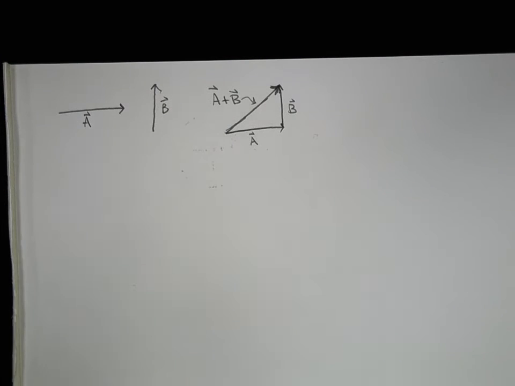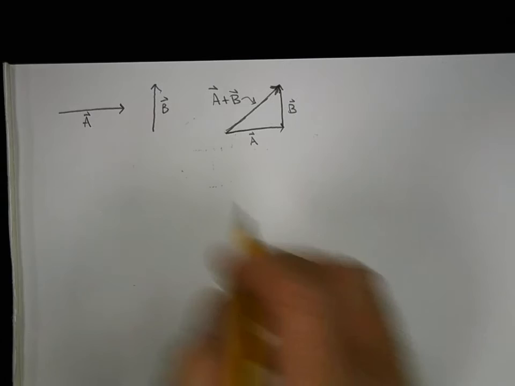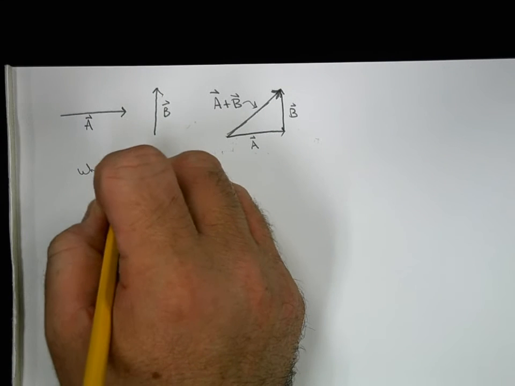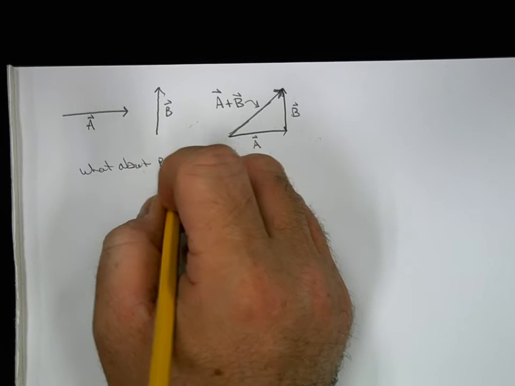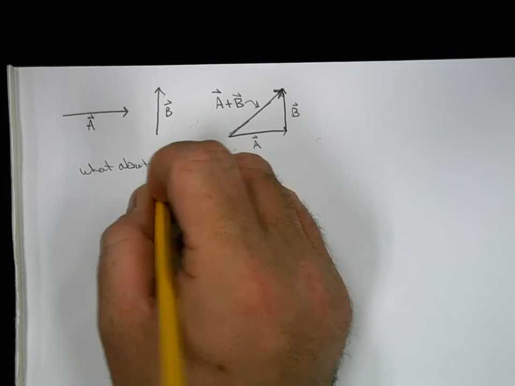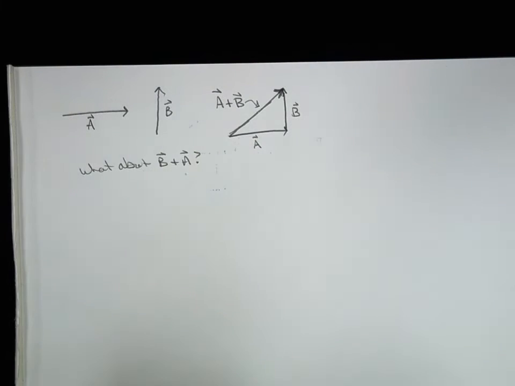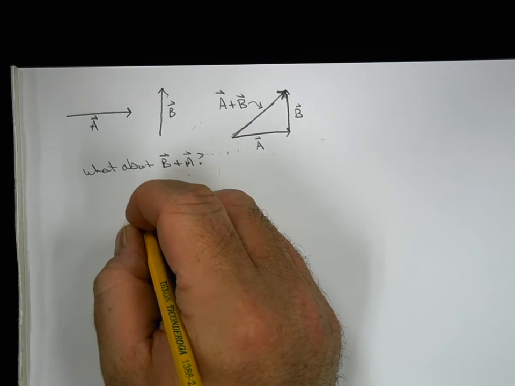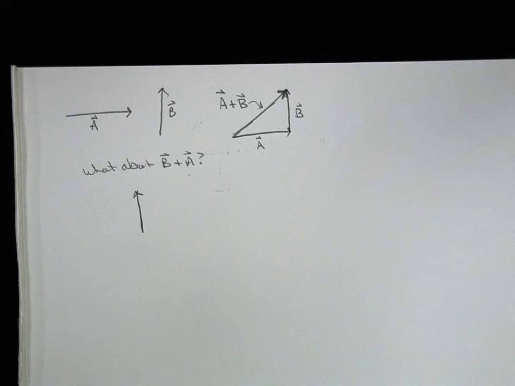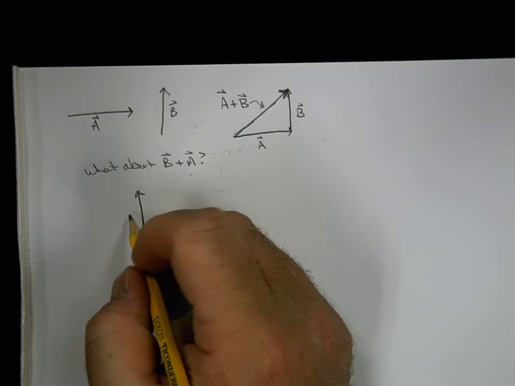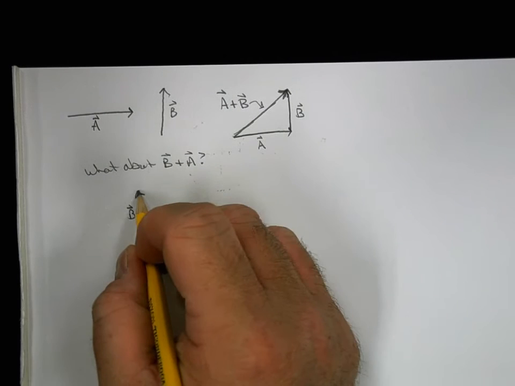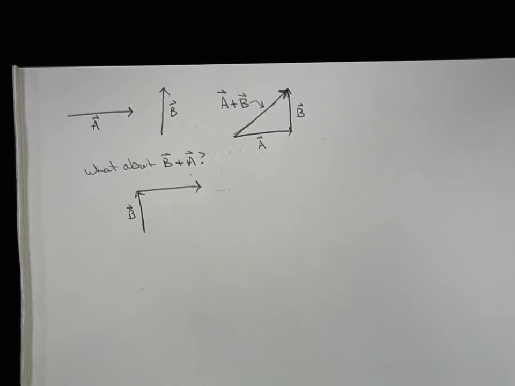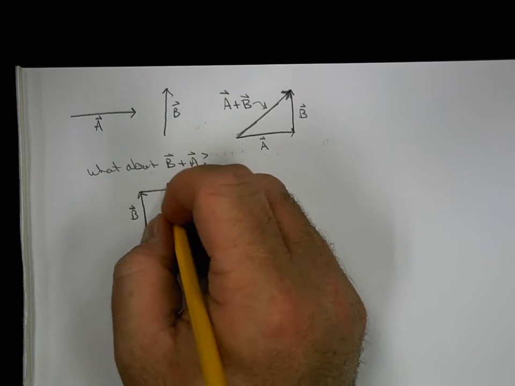But what about B plus A? Well, let's take the same vectors, and we go B, pick it up and plop it down, pretty much the same vector, maybe tilt it a little bit, and that's B. And then we take A. This looks so much better on my desktop because I was able to copy and paste the vectors and move them, but here you just have to deal with my handwriting.